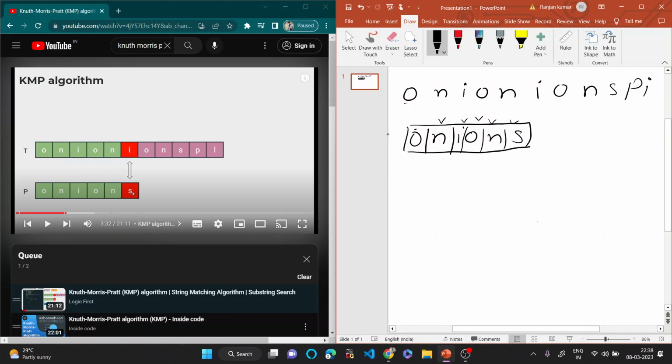If found, then we return the index of this character. Otherwise, again we come back to the next character in the outer loop and compare the substring.